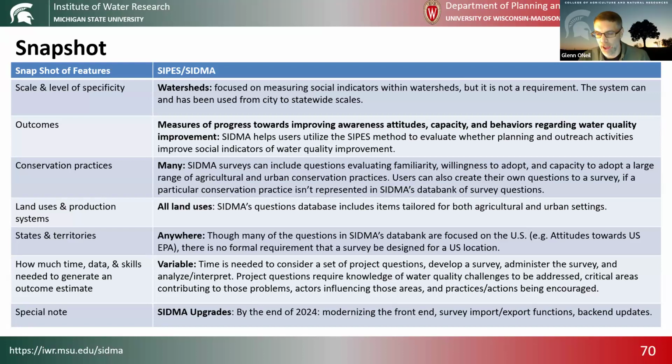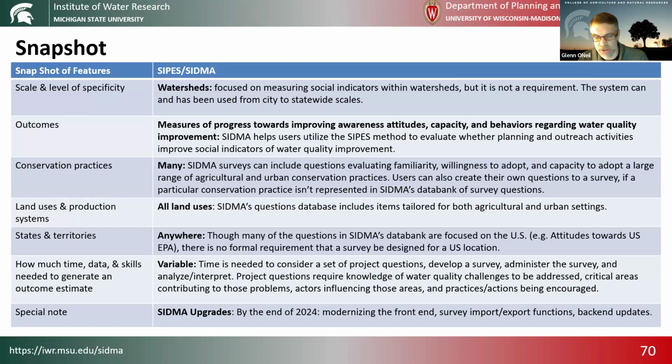Yeah, and I don't want to sell the tool short, but it's pretty basic math that we're doing there. With the response frequencies, we're just calculating percentages, and all the way that numbers are scored, the way means are calculated, the values assigned to each option in a question. It's all accessible and transparent within SIDMA. So if someone wanted to replicate that offline, they could.